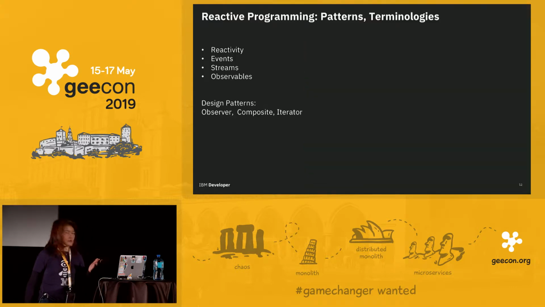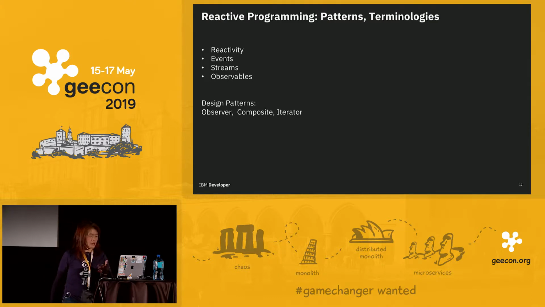But first of all, we'll talk about reactive programming, some of the common patterns and terminologies. By reactivity, we mean the process of responding to external stimuli and propagating events. The events are really the stimuli that indicate some response to it, and basically require some change of data, transforming the data during the process.